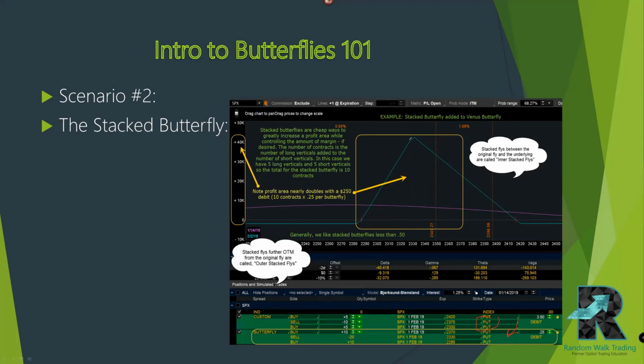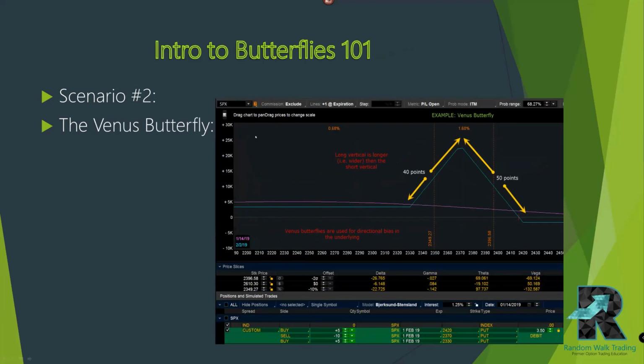Many times traders might buy back the shorts for 50 cents or something like that. Well, I'll take that same 50 cents and buy a butterfly with it. And note this profit area. This is 40K. And if we go back to the previous slide, notice that the profit area we just talked about is 20K.